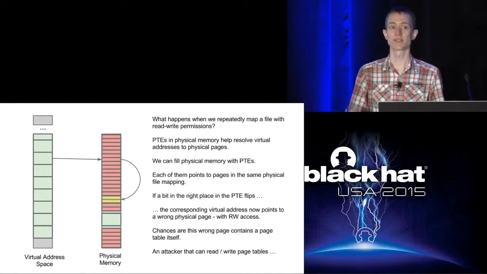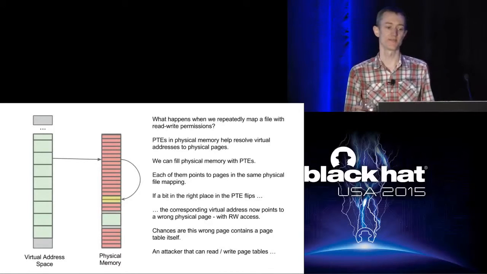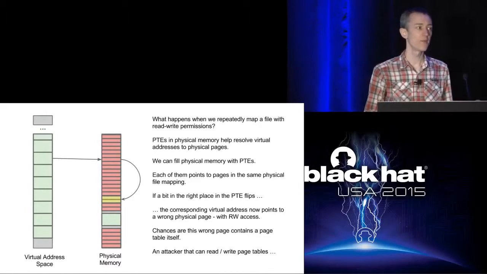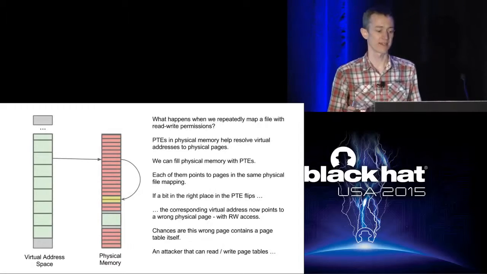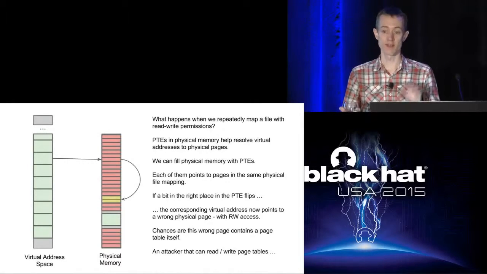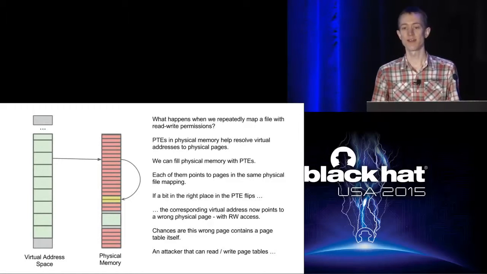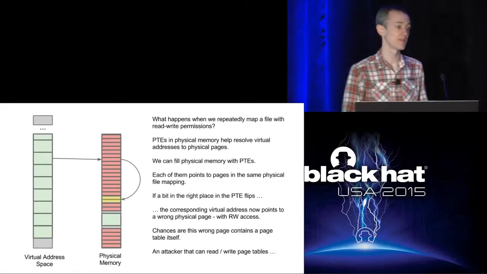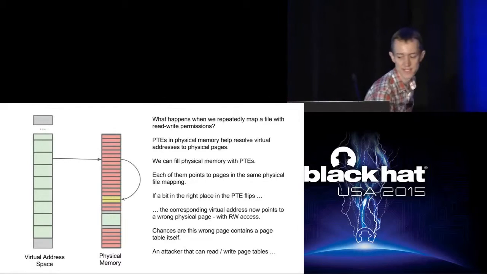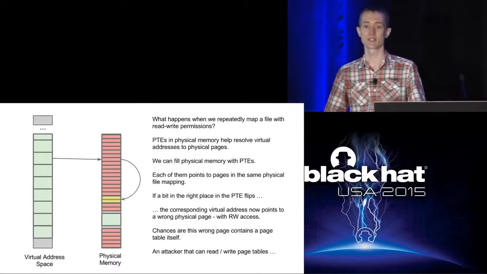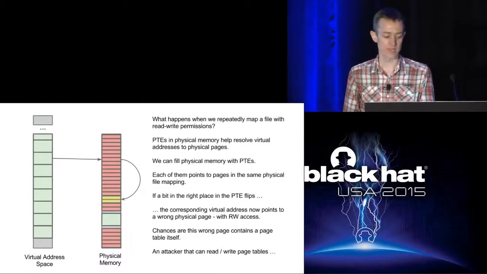So if that happens, we've just broken the safety of the system. We've got access to a physical page that we weren't supposed to have access to, in particular one of our own page tables. And if that happens, then we can modify that page table to point to any physical address that we like. So we now have read-write access to all of physical memory.